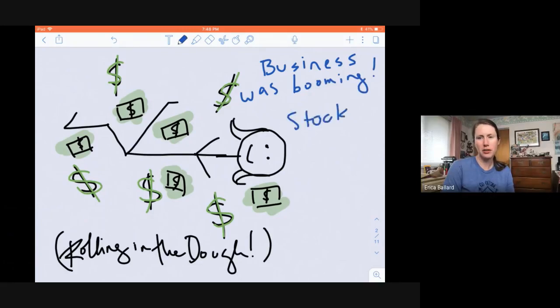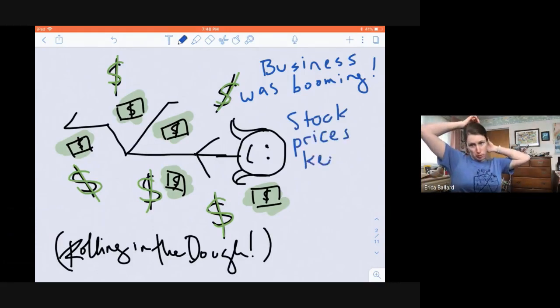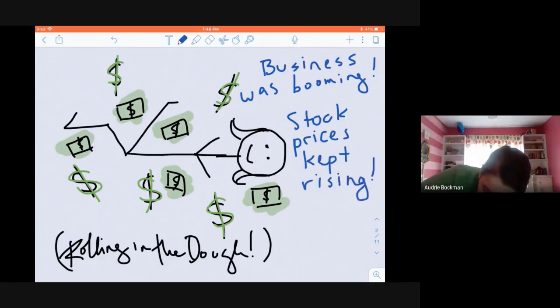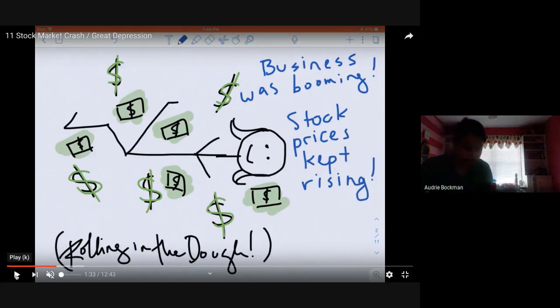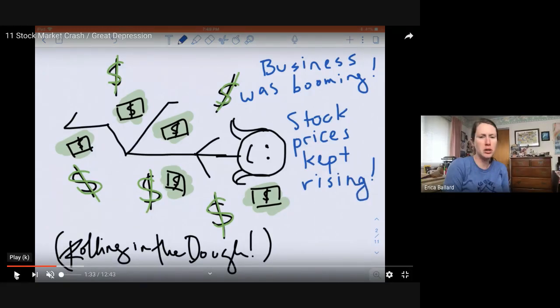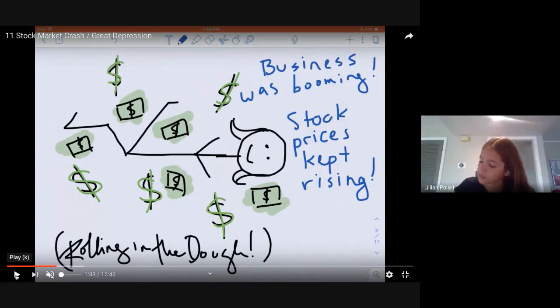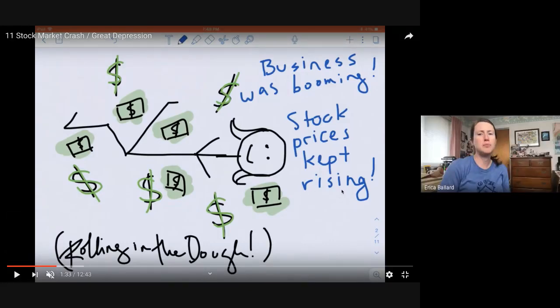So the stock prices were really going up. Because the stock prices kept going up, people wanted to buy more and more stocks. Okay, so is everybody writing number 2 now? Are those both 2? Yeah, this is both 2. So each picture is like a different number.